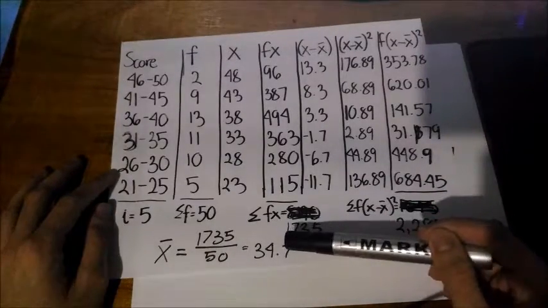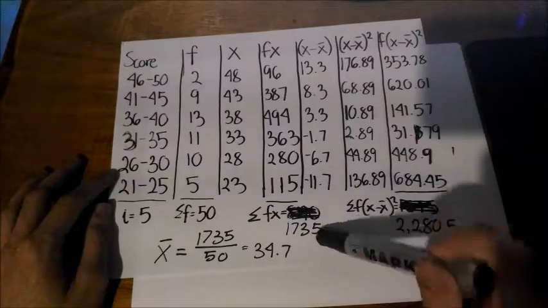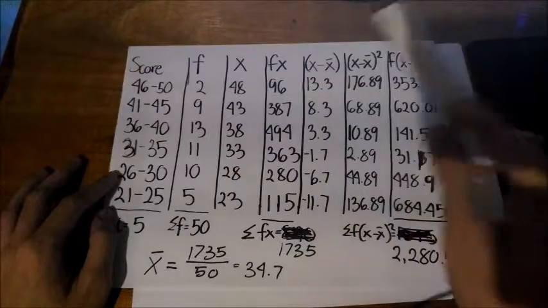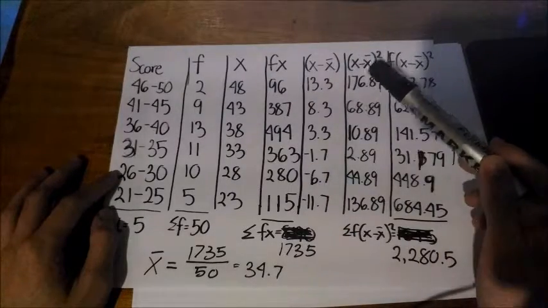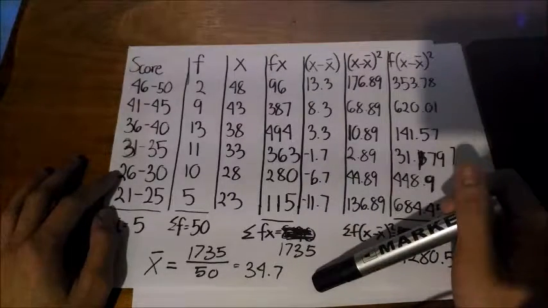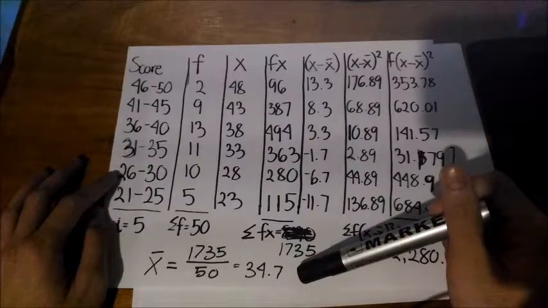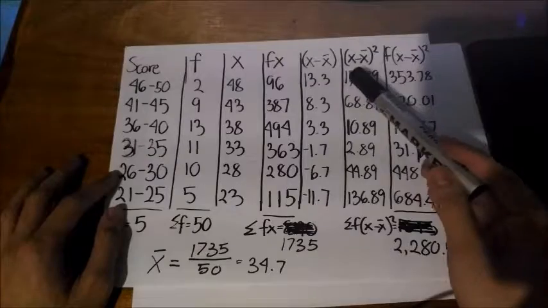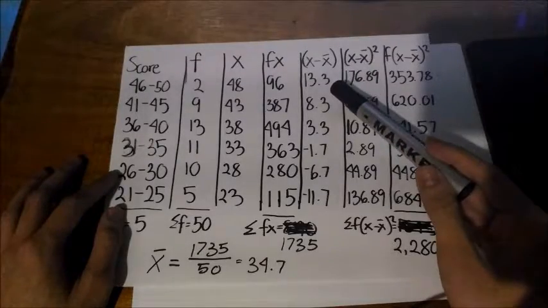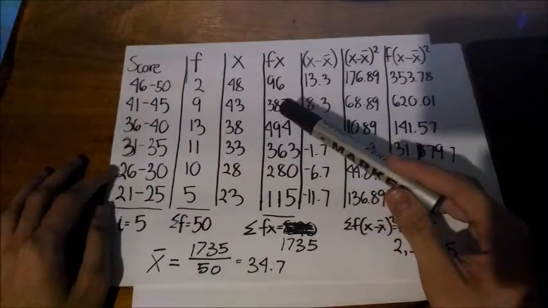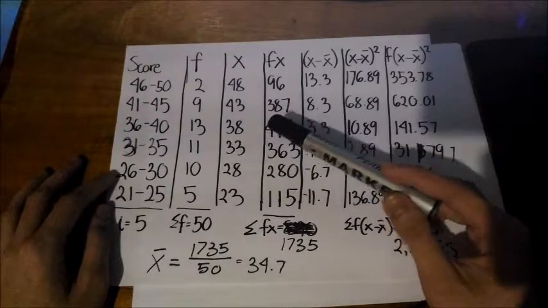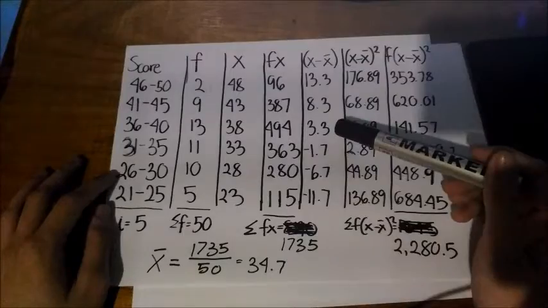When you get 34.7, you follow this: class mark minus your mean. So 48 minus 34.7 is 13.3. 43 minus 34.7 is 8.3. 38 minus 34.7 is 3.3, and so on and so forth.